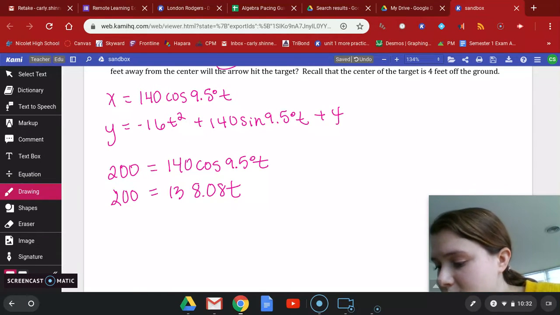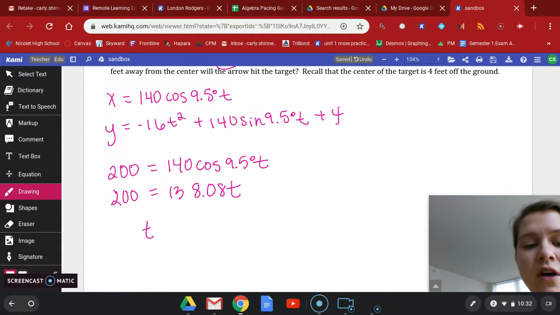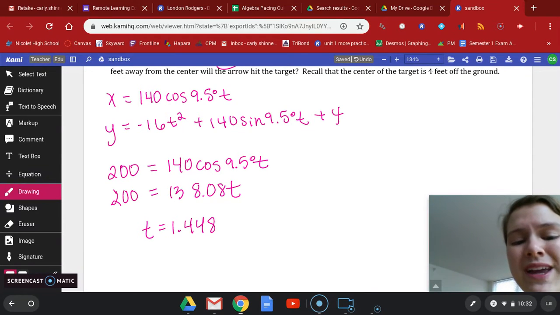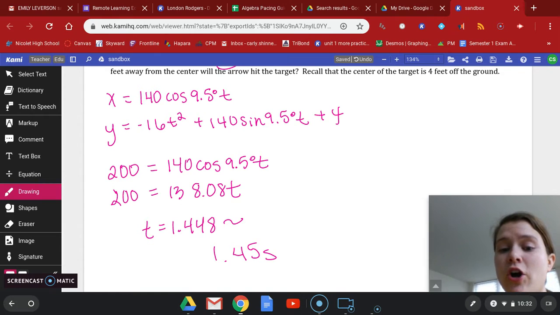So I'm going to divide both sides by that number, and I get a t of 1.448. So we can round that to about 1.45 seconds. All right, now I'm going to plug that t into my vertical to figure out, did he get closer to the target?